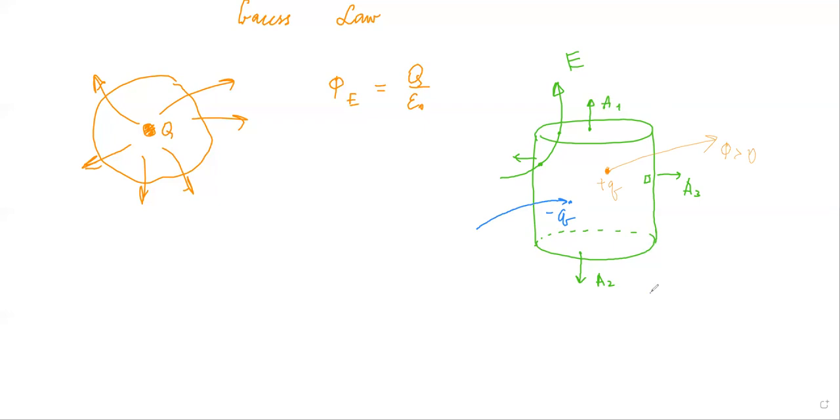Let's say one line will go through the side of the cylinder, one line through the bottom. You see, both lines go opposite to the area vector. The area vector here and the area vector here are opposite to the line. So both lines are going to produce negative flux. So flux here is negative and flux here is negative. Also, are they going to go out? No, they're going to land in the charge. This situation is called a sink.